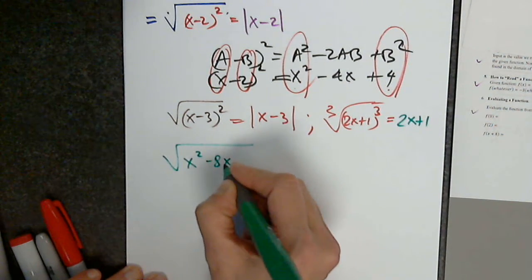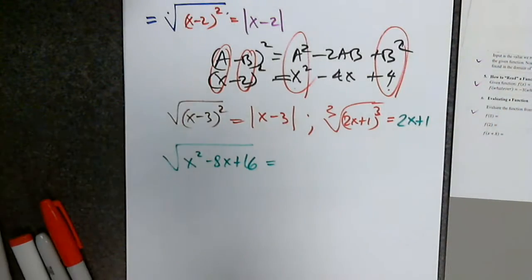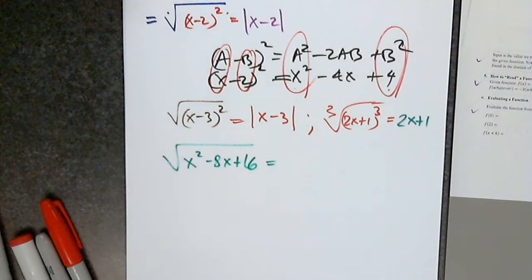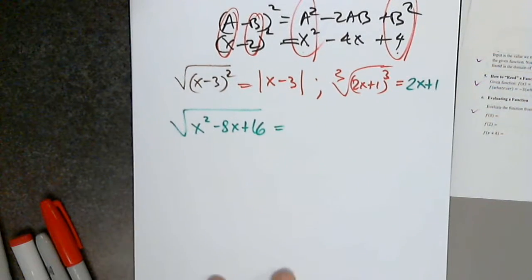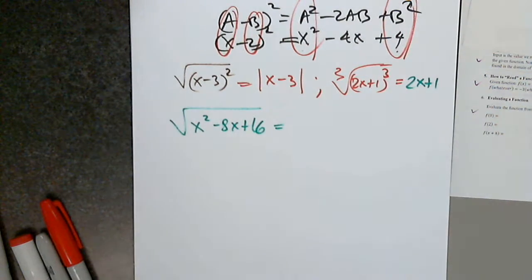x squared minus 8x plus 16. And I refuse to help on this one. I'm kidding. But I would like to refuse to help on this one. But I can't. But I will be waiting for you to come up with something. And you can.